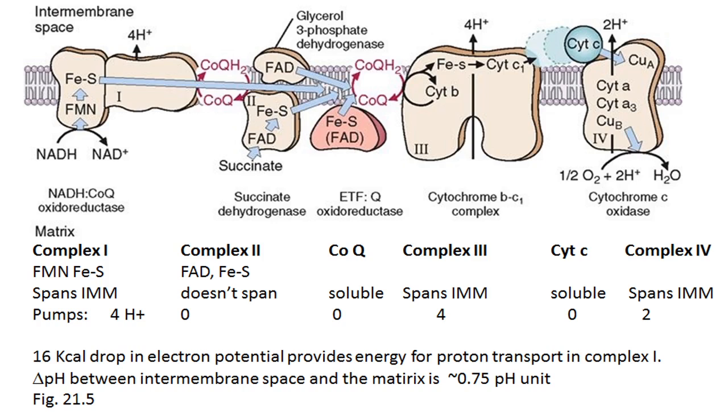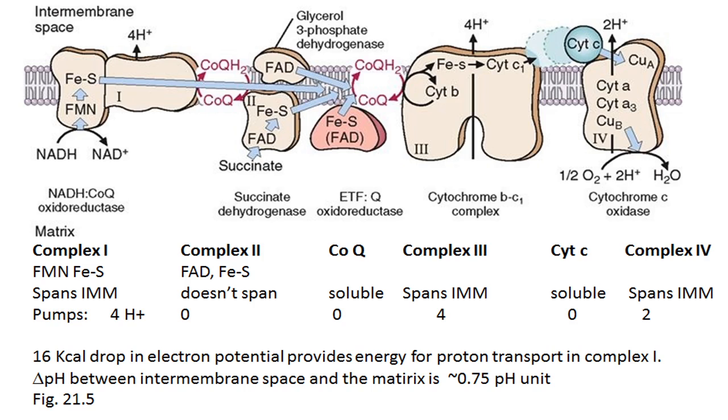across the inner mitochondrial membrane. So I will repeat that. Electrons from FADH2, a byproduct of reactions such as the oxidation of succinate to fumarate, enter the electron transport chain at complex 2, which contains succinate dehydrogenase.